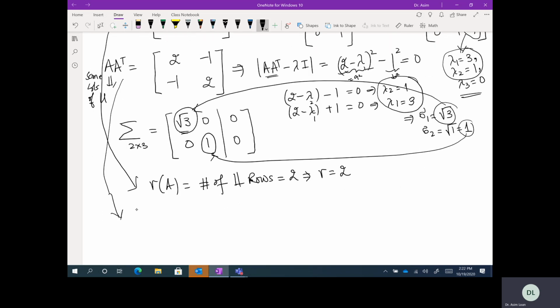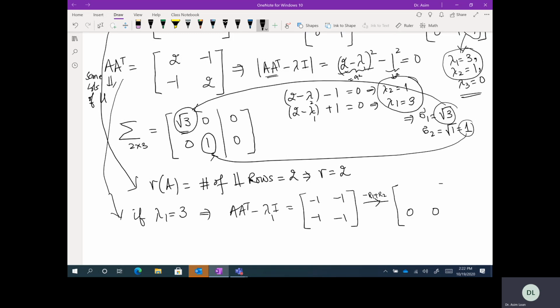So what are the eigenvectors of AA transpose? So if lambda 1 equals 3, this implies AA transpose minus lambda 1 I equals, so 2 minus 3 is minus 1, minus 1, minus 1, minus 1. So this implies I can do minus row 1 plus row 2. If I do that, I'll get plus 1, plus 1, plus 1, so 0, 0 and 0.